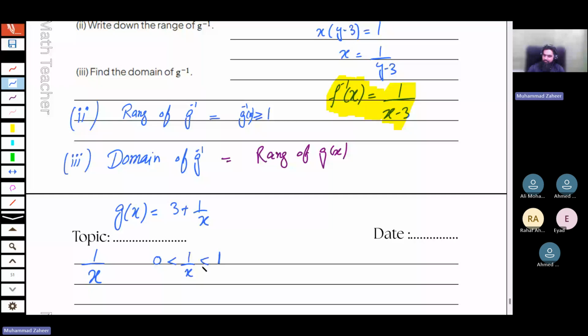If you substitute 1, it will be 1; substitute 2, it will be 0.5; substitute 5, it will be 0.2. As you increase the value, you get a decimal between 0 and 1, and it can never be 0.